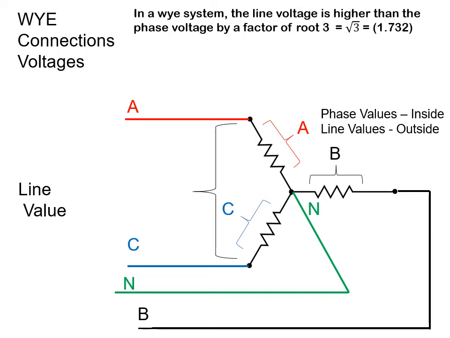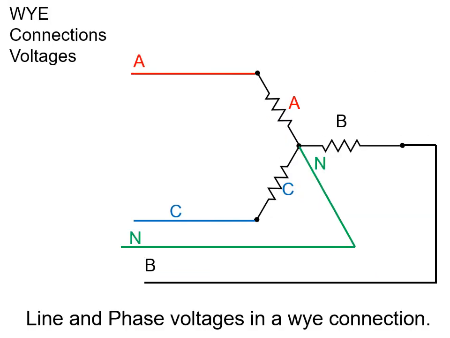And any 2 lines, A and C, or A and B, or B and C, will be made up of 2 phases. So our line value, E line, is equal to E phase times √3. If we have a line value, we can easily find a phase value, because a phase value is smaller than a line value by √3.